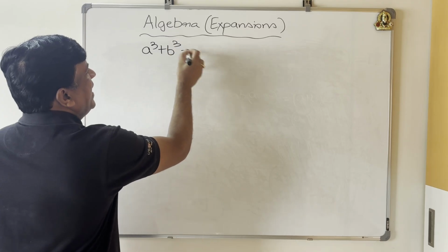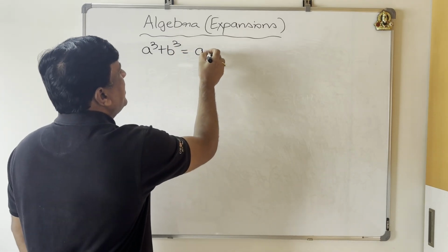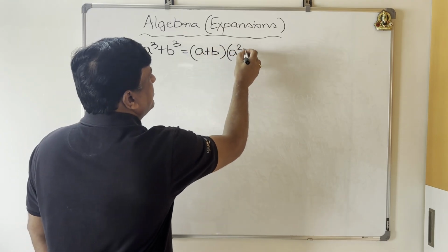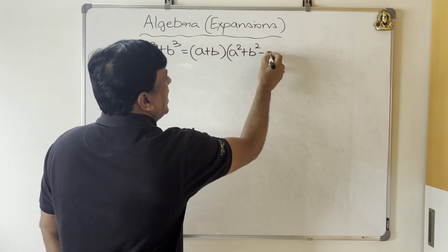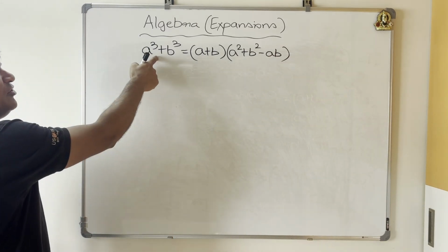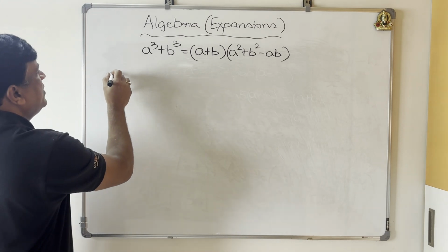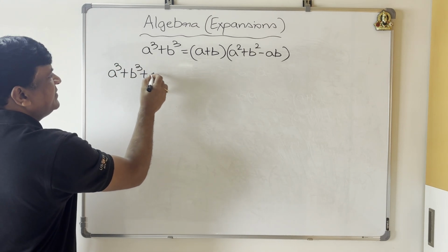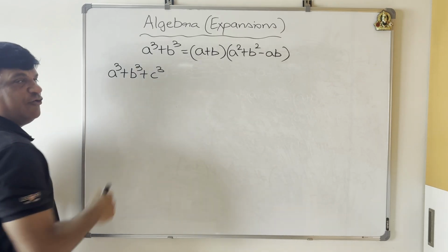One of the formulas was a plus b times a square plus b square minus ab. Similarly, you can have an expression where you need to find the value of a cube plus b cube plus c cube. They can ask you this one as well.